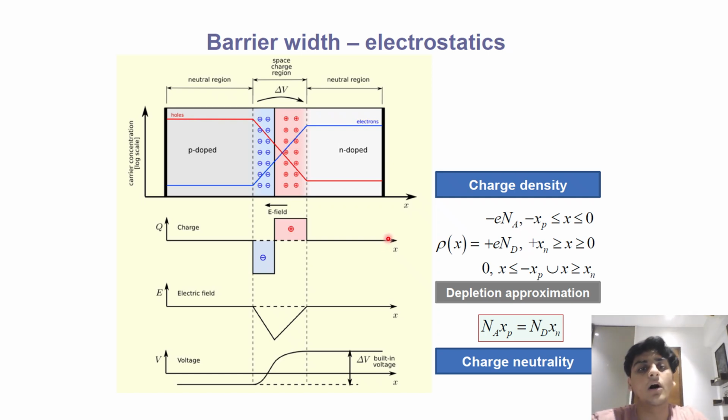Since you had a neutral P and a neutral N and you brought them together, you can't have charge suddenly coming out of nowhere. Charge neutrality also exists, which means that the net positive charge and the net negative charge are the same, which means Na times xp and Nd times xn have to be equal. This is basically the charge neutrality expression. So now we have the charge density. The next step is we will use Gauss's law to calculate the electric field.